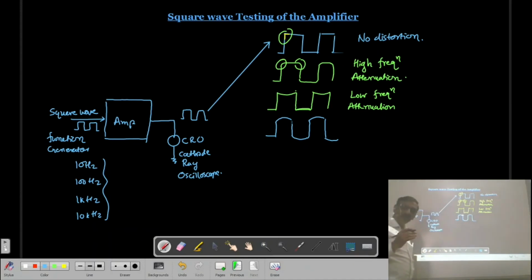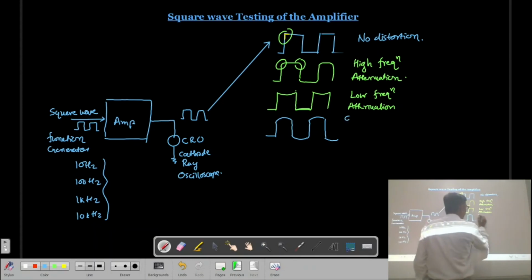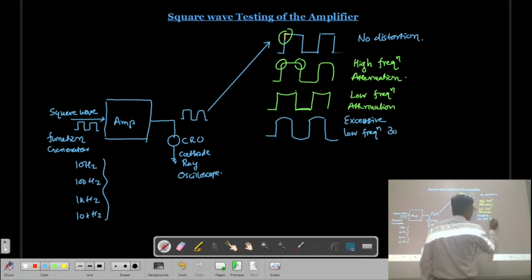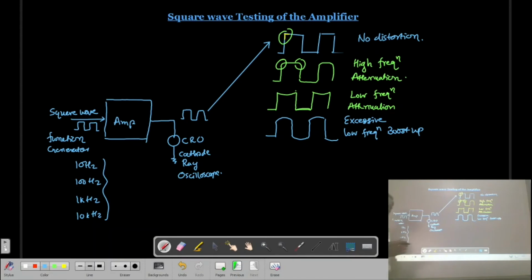So the low frequency is amplified more than that. That is excessive low frequency booster. The gain of the low frequency is very high compared to the mid frequency part.